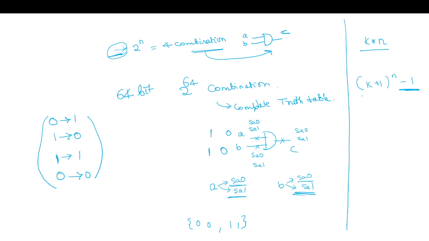That's why we have a formula with k to the power n. That many combinations of possibilities are there. Clear?